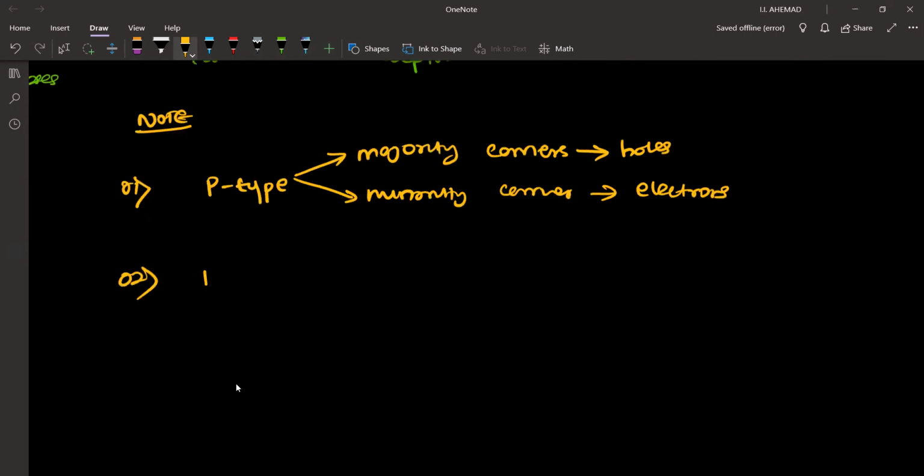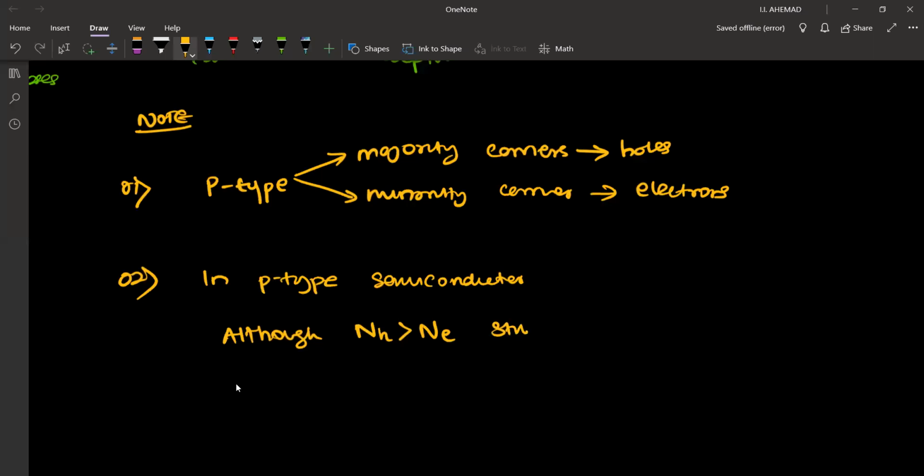In p-type semiconductor, although the number of holes is greater than the number of electrons, still the drift velocity of electron is greater than the drift velocity of hole.